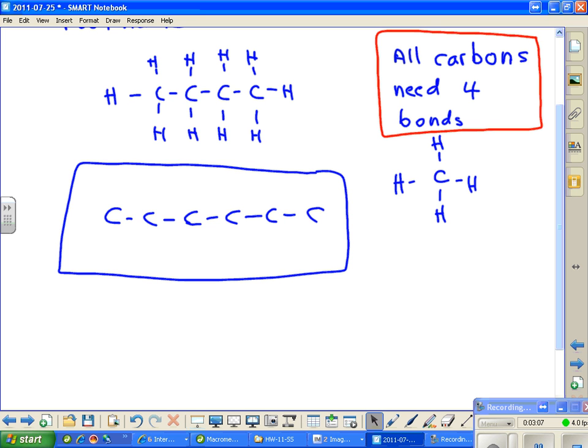1, 2, 3, 4, 5, 6 carbons, and 6 is for hexane. Now, let's put a simple substituent on it. Who is that? 1 carbon substituent. No. Who is the substituent? This guy right here.